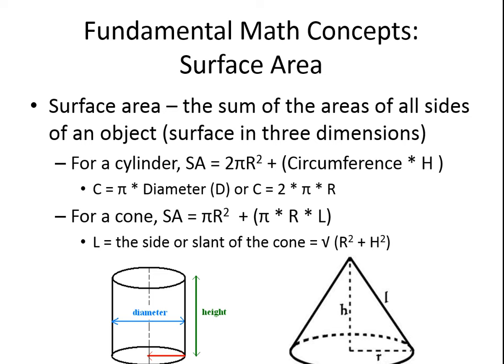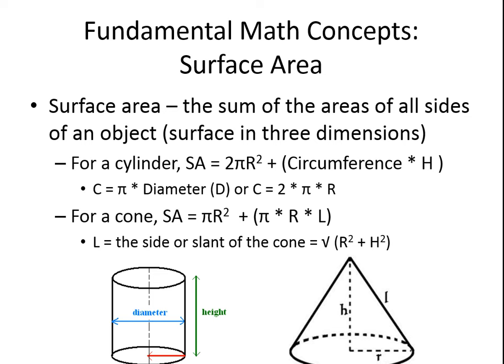But again, the surface area is equal to pi r squared, which is the area of our circle, plus pi times r times L. And L, again, is the side or slant of the cone, which can be calculated by taking the square root of r squared plus h squared. So the radius squared plus the height of the cone squared. And that's how we'll get L. And that's really just using the Pythagorean theorem in order to calculate that side with a right triangle.